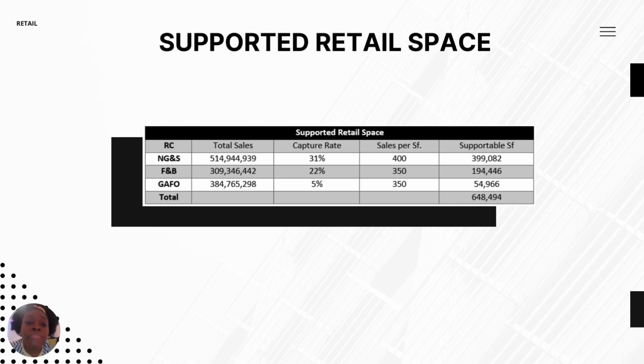So the supported retail space, and this was standard for everybody after you captured your capture rate. We were given the sales per square foot, and then that allowed us to calculate the supportable square foot based on the total sales for each retail category.